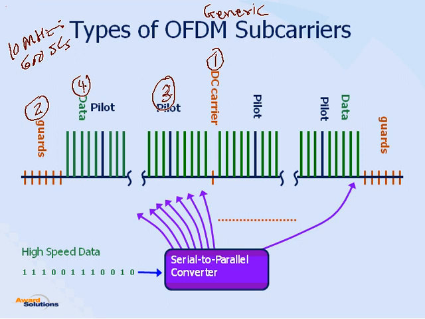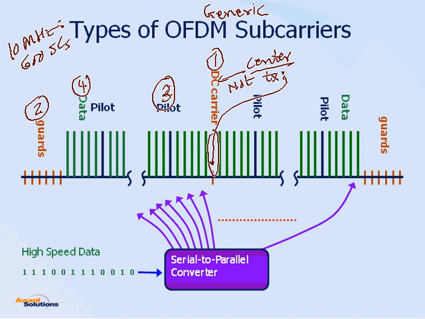Okay. One subcarrier is DC, direct current, and that is always at the center of the spectrum, and it is not transmitted. Meaning there is no energy in the center of the spectrum. So it is absent. We do not transmit that.